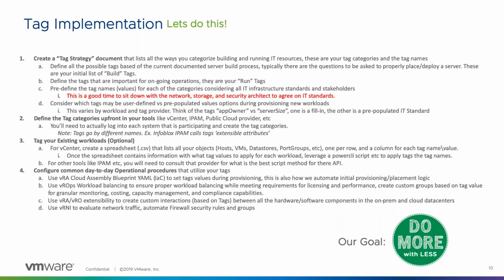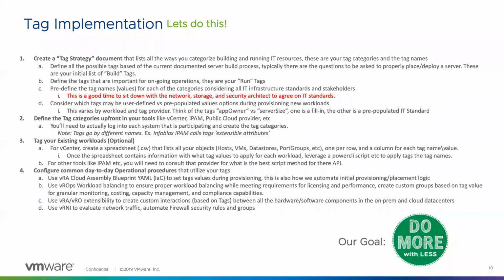So it starts with putting it on paper and then actually going into your tools like vCenter or your IPAM or your public cloud provider and actually defining those tag categories. Because even though you've created your tag strategy, you can't start tagging your workloads until you've gone into those various products and defined what tag categories you plan to use.